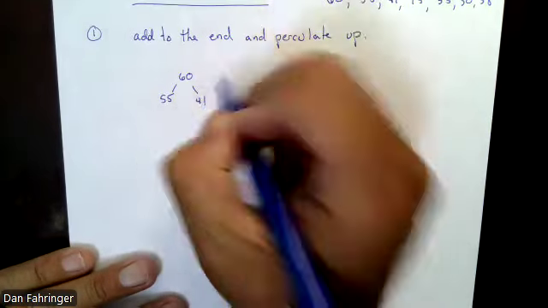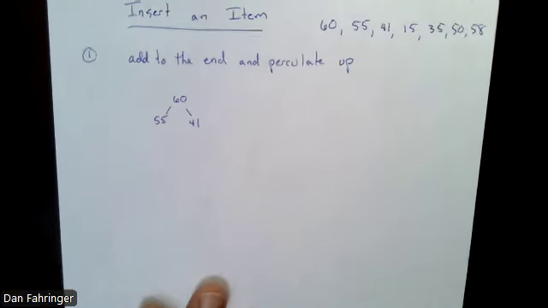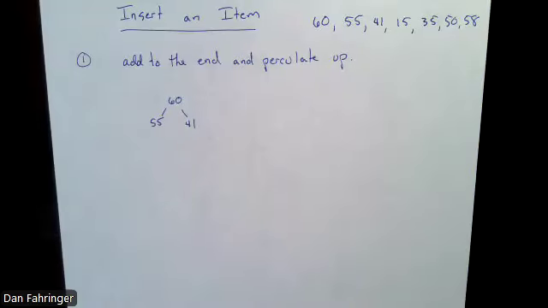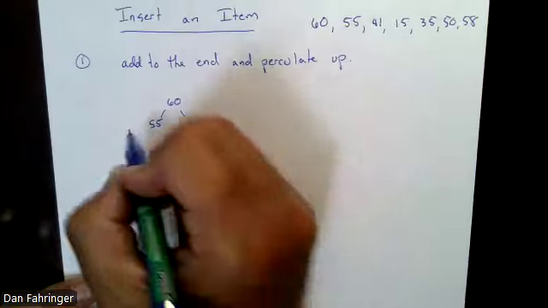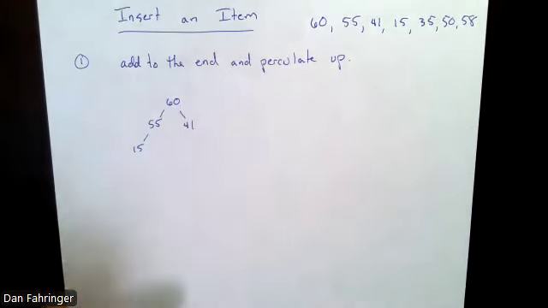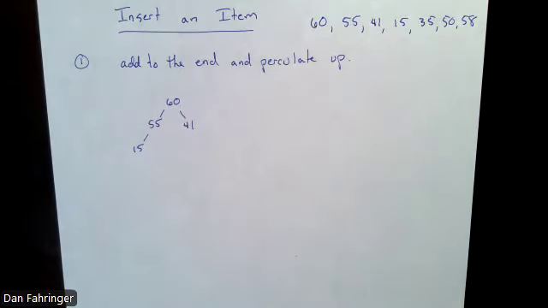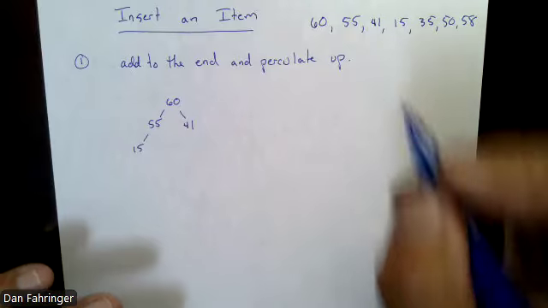Oh, this is nice. Just moving right along. Could you explain what you mean by percolating up again? Yep, you're going to see it in a couple seconds. Okay. 15. So far, all the children are smaller.